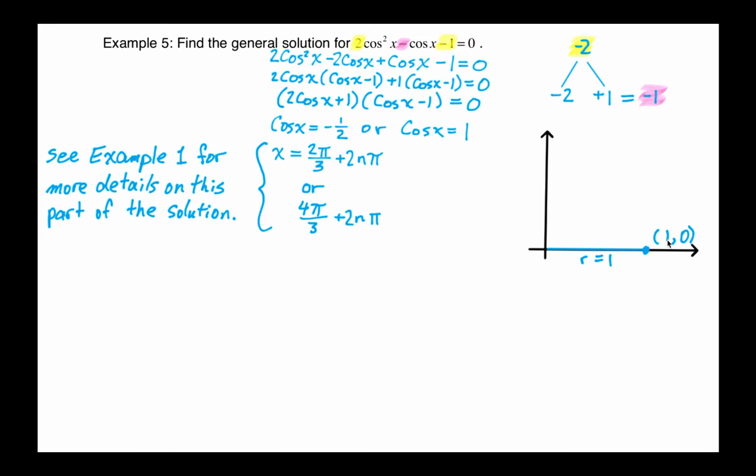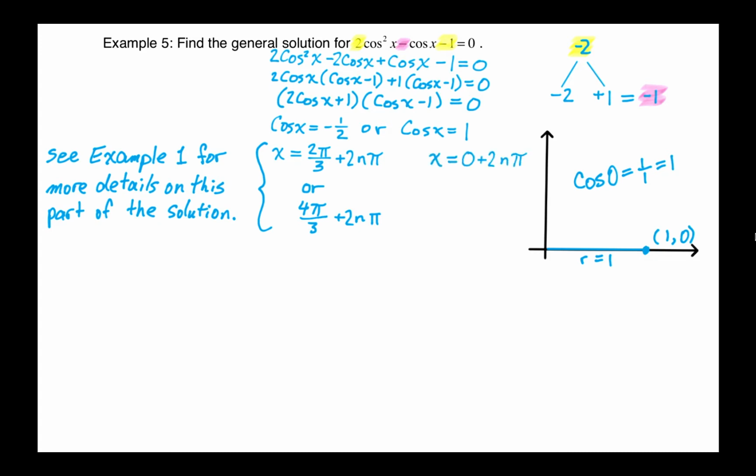I've got an x-coordinate of 1, a y-coordinate of 0, and r is equal to 1. And cosine is x over r. So 1 over 1 gives us 1. And so this is the only angle on 0 to 2 pi that gives us a cosine of 1.